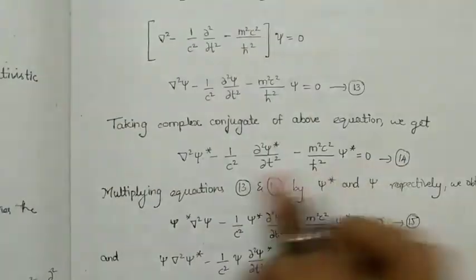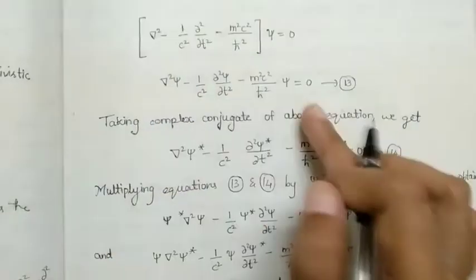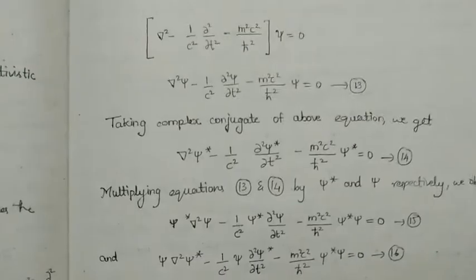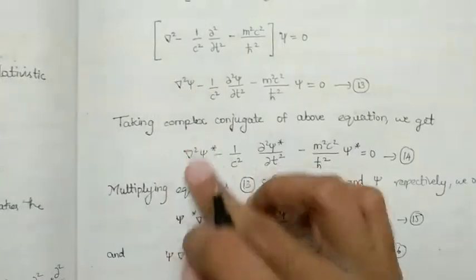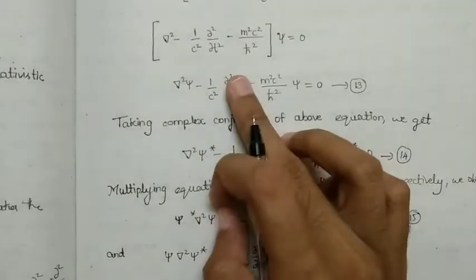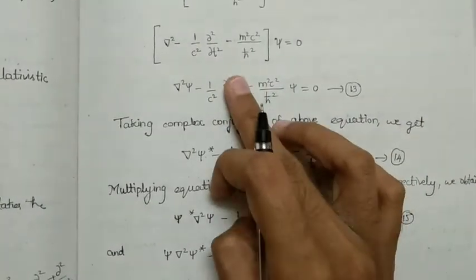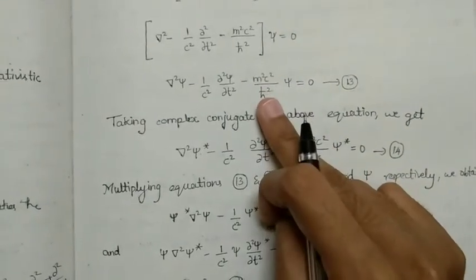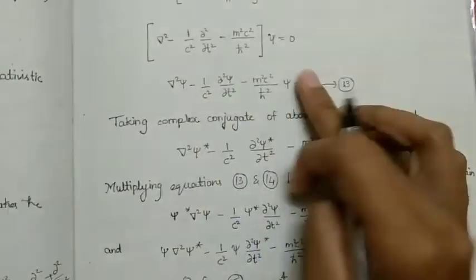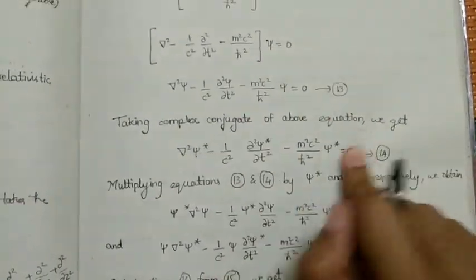The complex conjugate of 0 is 0, and the complex conjugate of del square xi is del square xi star. The 1 by c square is a real number, so dou square by dou t square xi becomes dou square xi star by dou t square. And m square c square by h cut square is a constant, a real number, and the complex conjugate of xi is xi star. So this is the equation we obtain after taking complex conjugate on both sides.